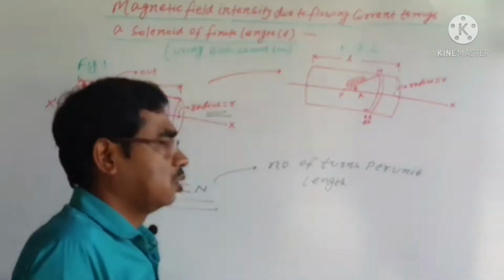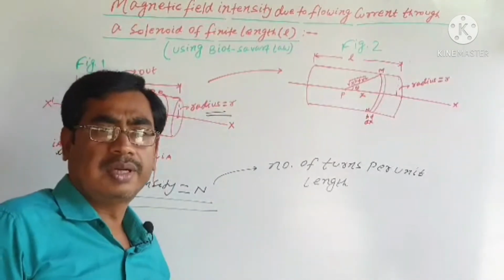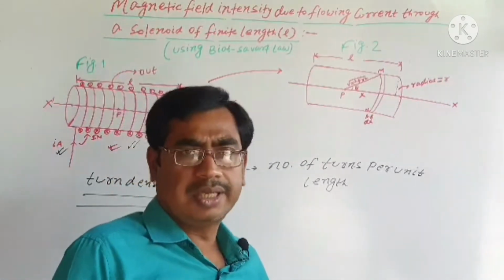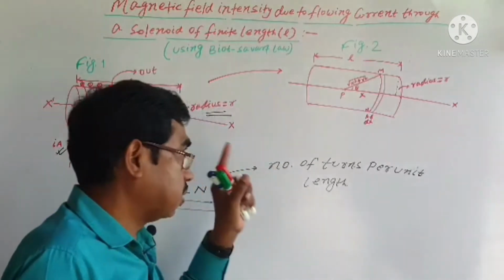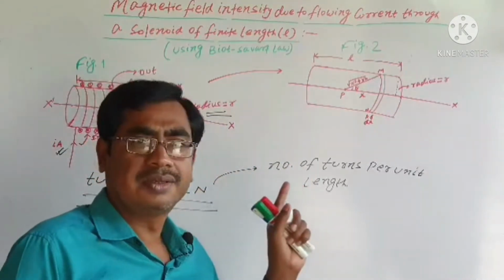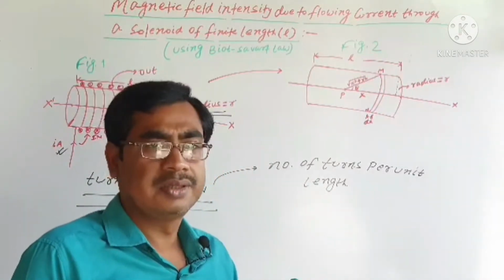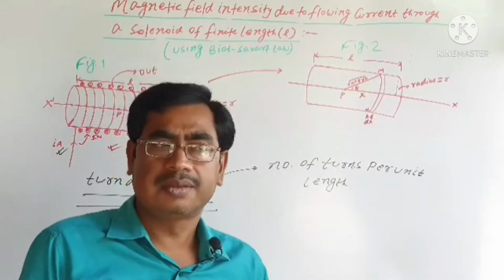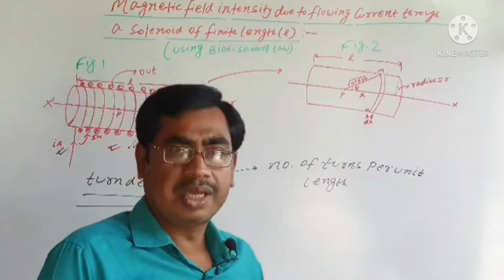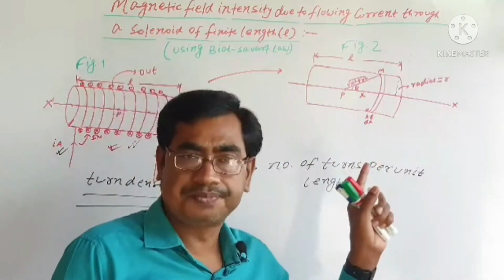Okay. Now, by using Biot-Savart law, how should I derive it? You know well, Biot-Savart is used to derive magnetic field for an elementary part, and by integrating it we find the entire part's magnetic field intensity. So, we have to consider some elementary parts of that very solenoid.